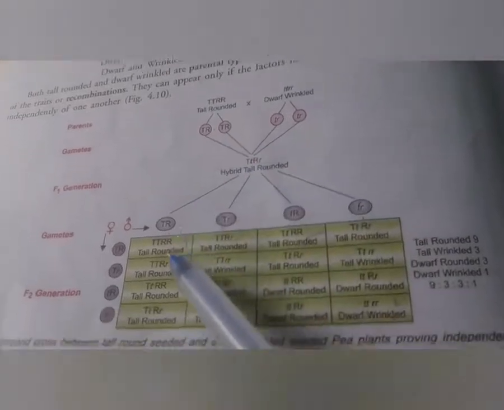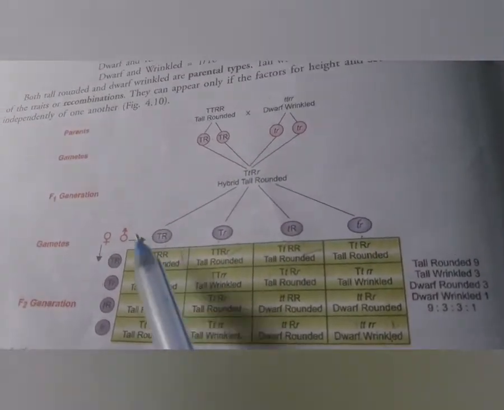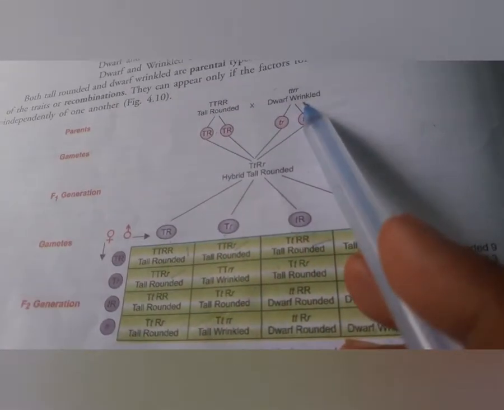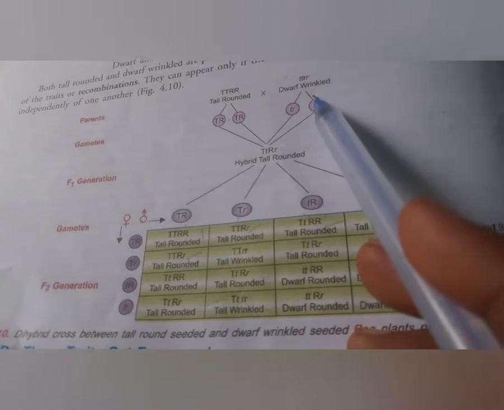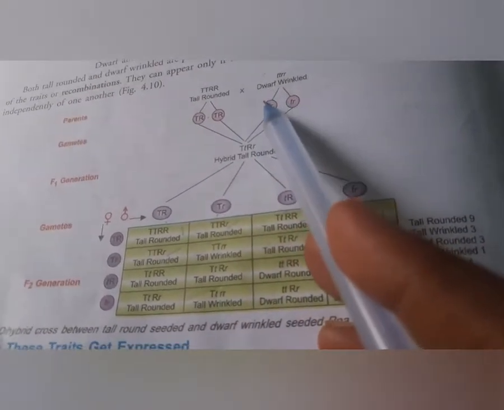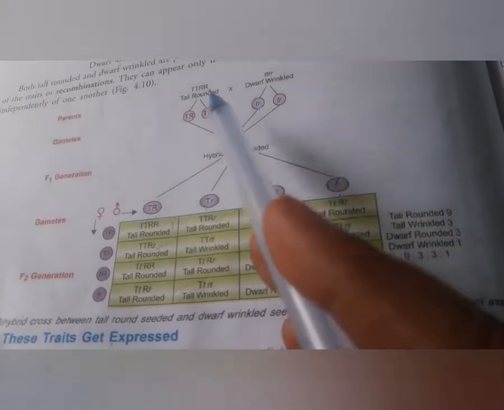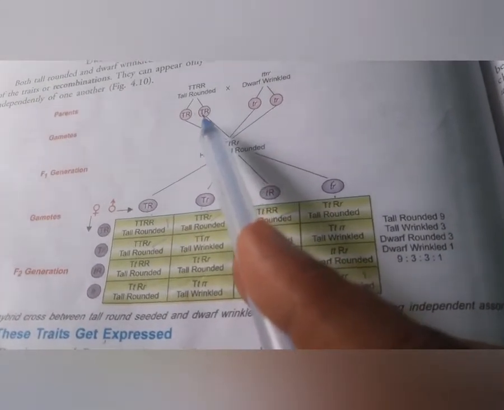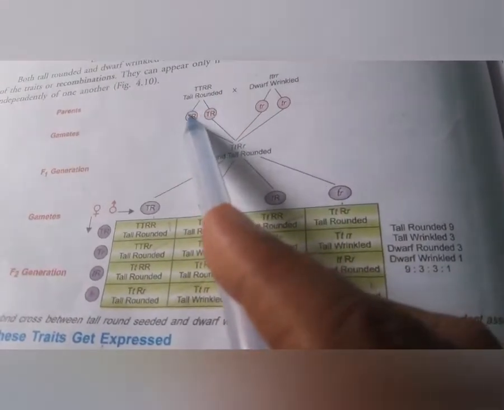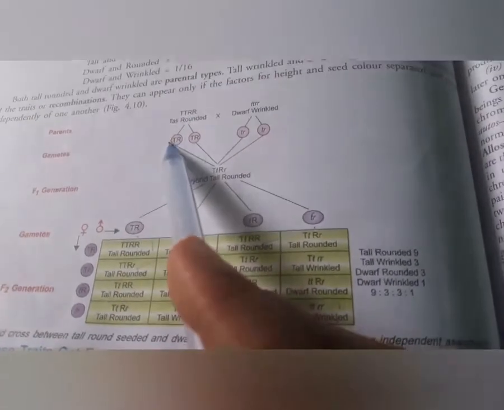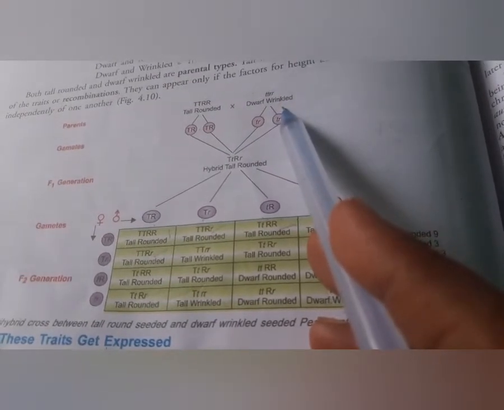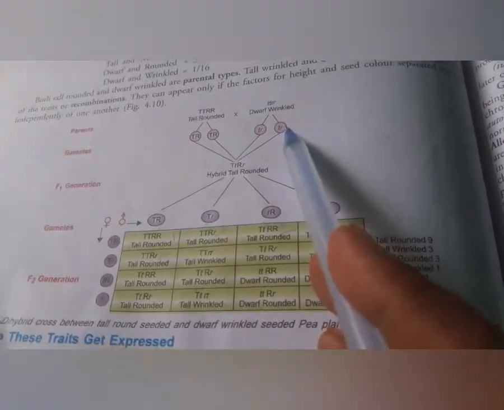But in the F2 generation, this tall plant is combined with the wrinkled character of another individual, and this rounded character is combined with the dwarf character of another individual. So I want to make you understand that one character of one individual is free to combine with one character of another individual. So this is called independent assortment.